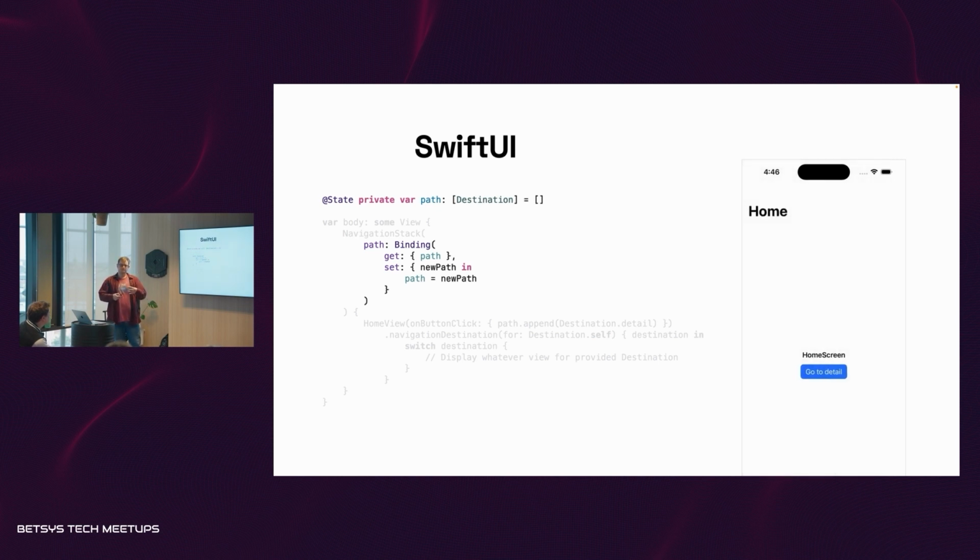However, if you perform a back navigation using swipe, or using this back button callout, they call it, then this set method is going to be called for you, and you are supposed to override your navigation stack which you have there. And this is really important, because we are going to hook into that binding when we write the shared navigation in KMM.